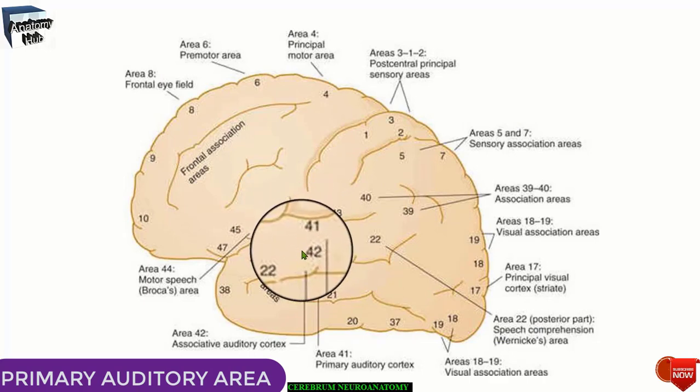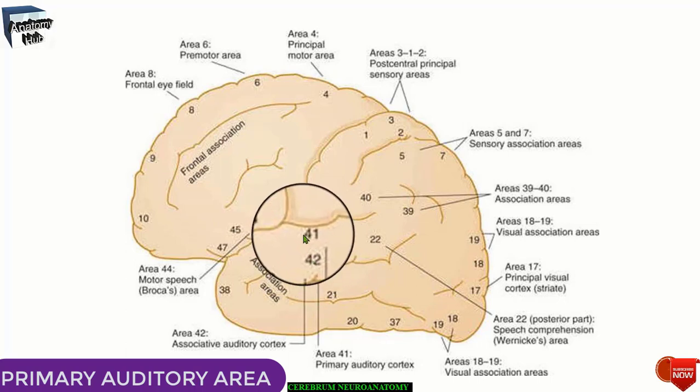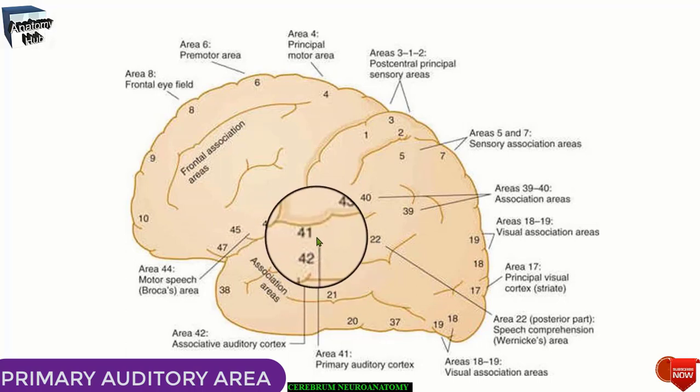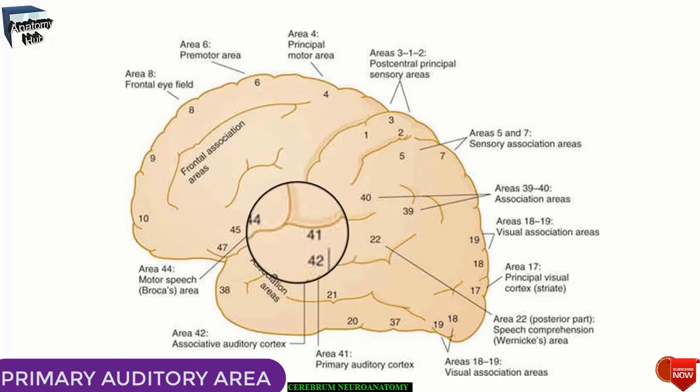Here you'll find the primary auditory area, that is the Brodmann's areas 41 and 42 that you can observe here. This primary auditory area is located in the inferior wall of the lateral sulcus, that you can observe over here.